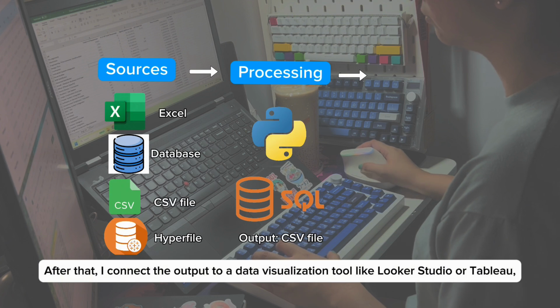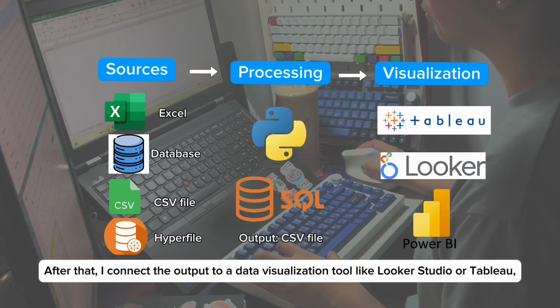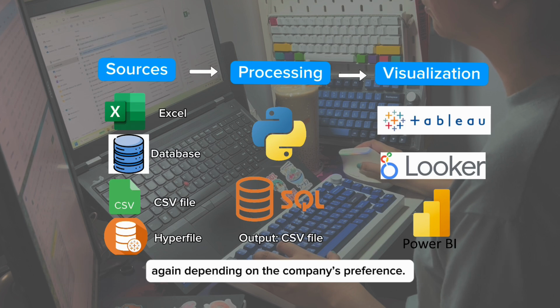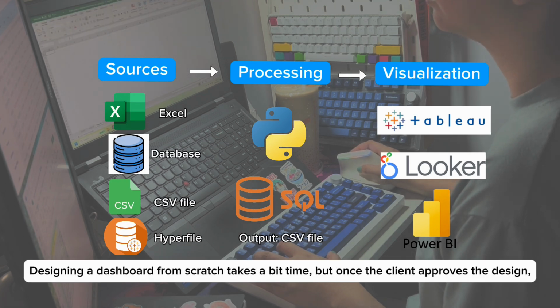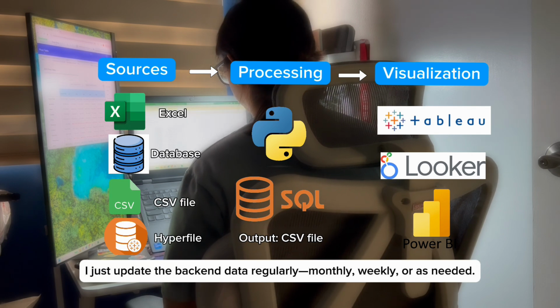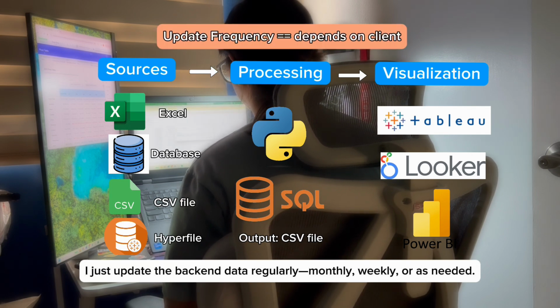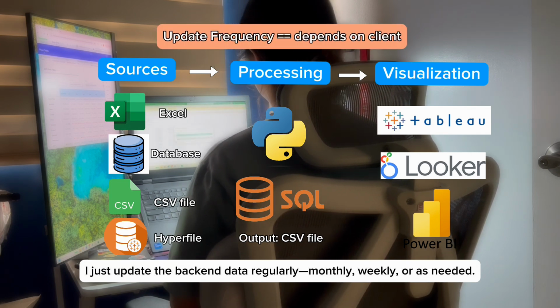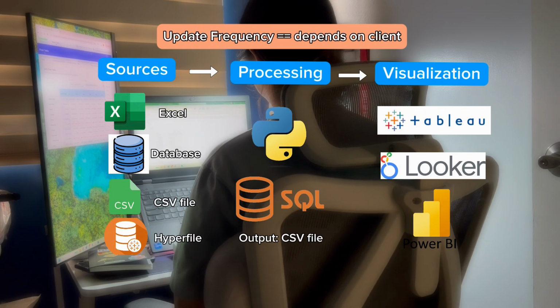After that, I connect the output to a data visualization tool like Looker Studio or Tableau, again, depending on the company's preference. Designing a dashboard from scratch takes a bit of time, but once the client approves the design, I just update the backend data regularly, whether monthly, weekly, or as needed.